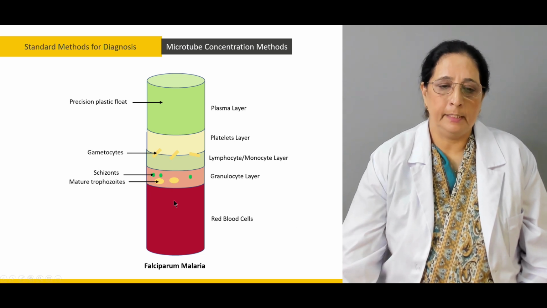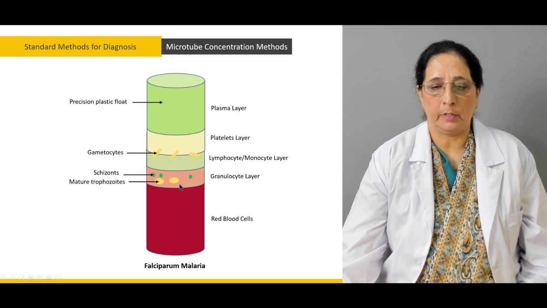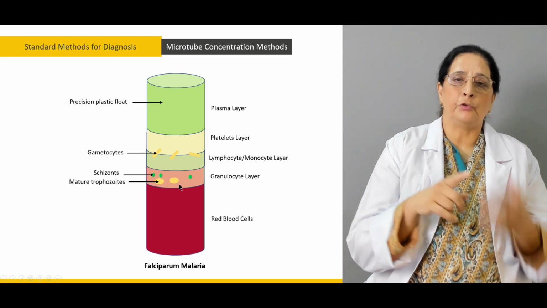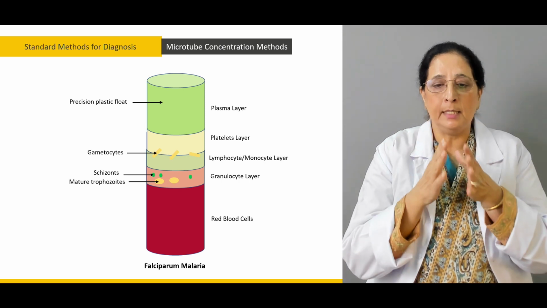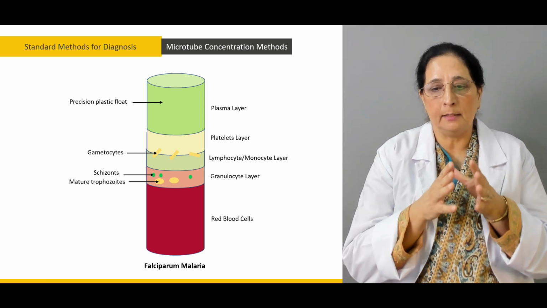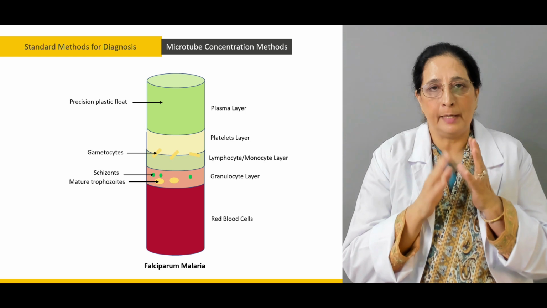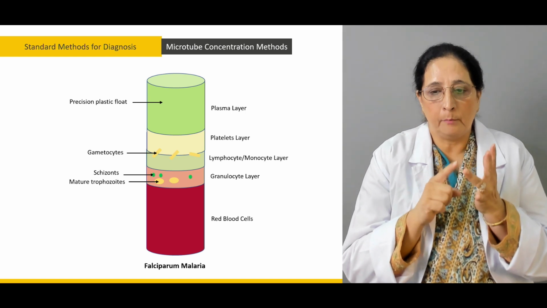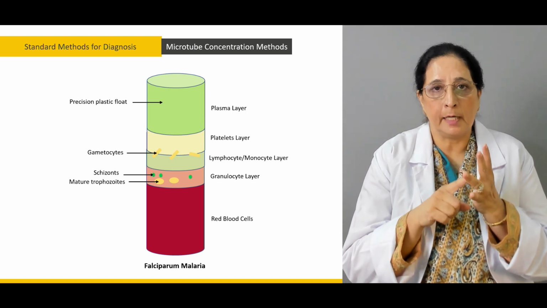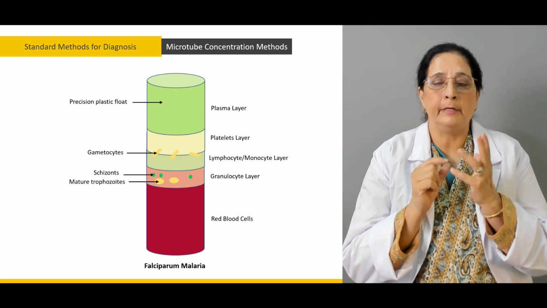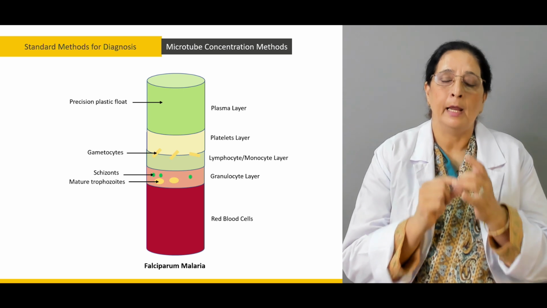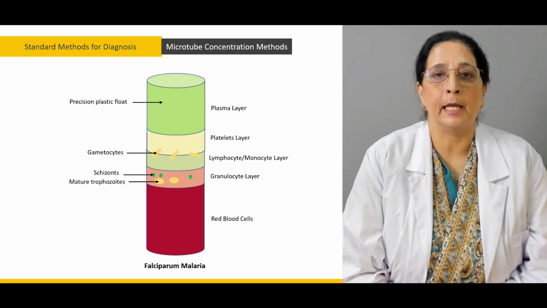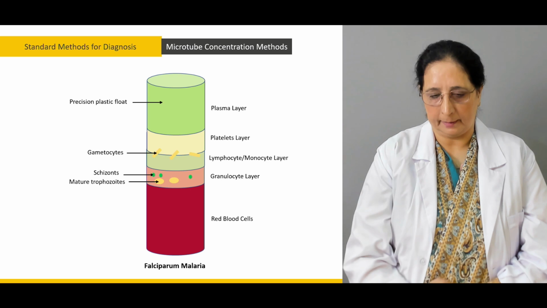And these are the mature trophozoites. So all these mature trophozoites, schizonts, gametocytes, we see in between the layers, which are the platelet layer, monocyte layer, lymphocyte layer, granulocyte layer. We can see the gametocytes, schizonts, trophozoites, and that helps in the diagnosis of malaria.